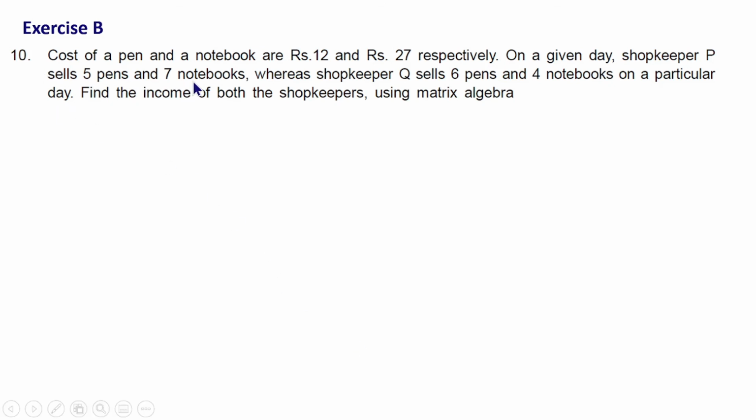Next question, cost of a pen and a notebook are rupees 12 and rupees 27 respectively. On a given day, shopkeeper P sells 5 pens and 7 notebooks, whereas Q sells 6 pens and 4 notebooks. Find the income of both the shopkeepers using matrix algebra. So here the cost of a pen is 12 and a notebook is 27, and the sales is also given.